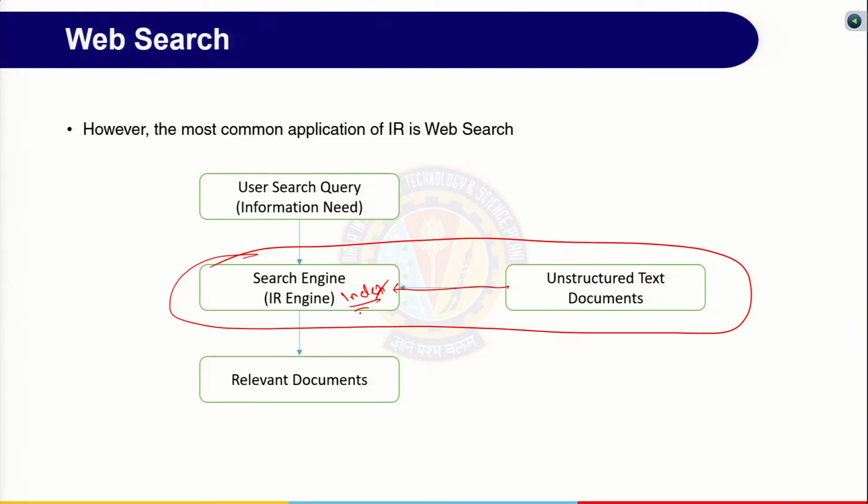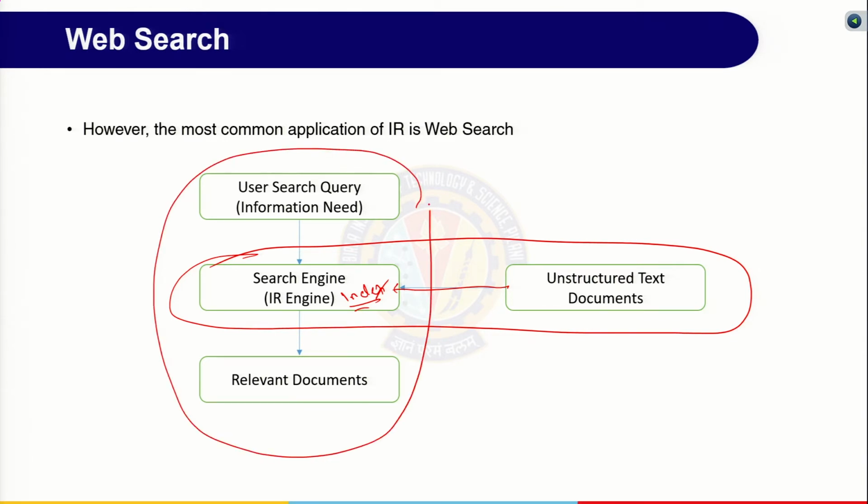Once we have done this step, we can open up our search engine to users, where users would give us queries saying this is what I would like to get an answer to. Then we can use the index that we have already built and have our ranking systems in place, so that we can show the relevant documents to the users. So we have a two-step approach to solving information retrieval.